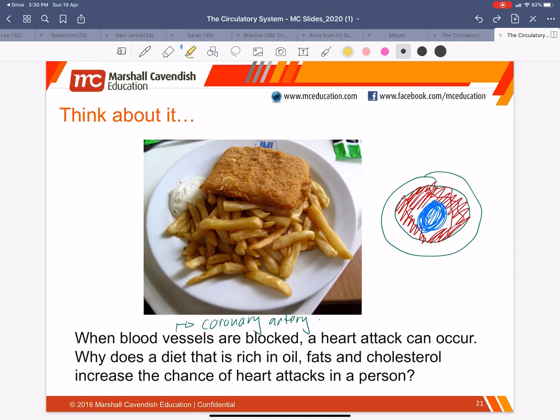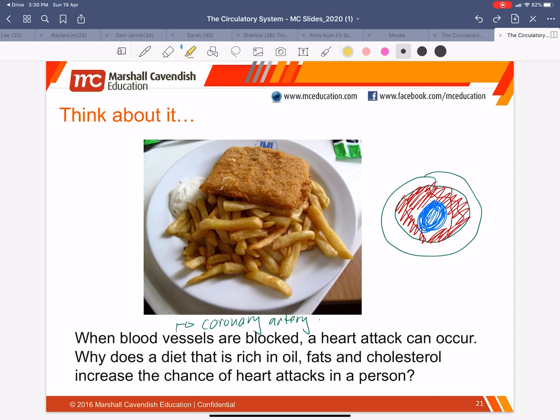So this reduction in blood flow actually cuts off or reduces greatly the amount of oxygen and digested food substances that is being delivered to your heart muscles. So think about it. What do you think will happen to your heart muscle cells if they don't receive enough oxygen and digested food substances?